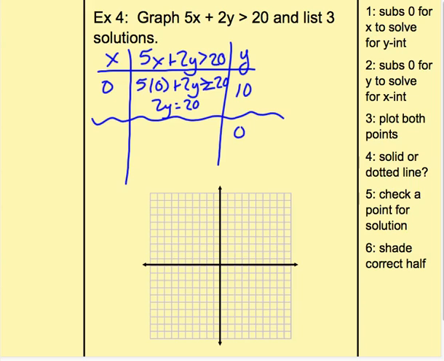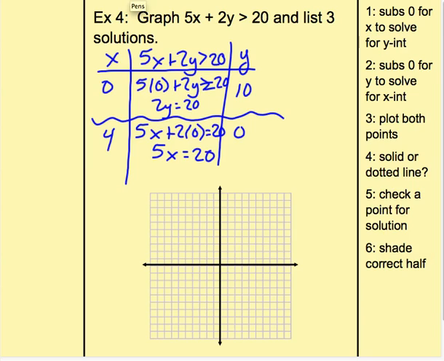Substituting 0 for y. Sorry, I'm trying to go too fast. Let's slow down. Or let's erase. That might be a little bit easier. Okay, so if we substitute 0 for y, we have 5x plus 2 times 0 equals 20, or 5x equals 20. Dividing both sides by 5, we get x equals 4.